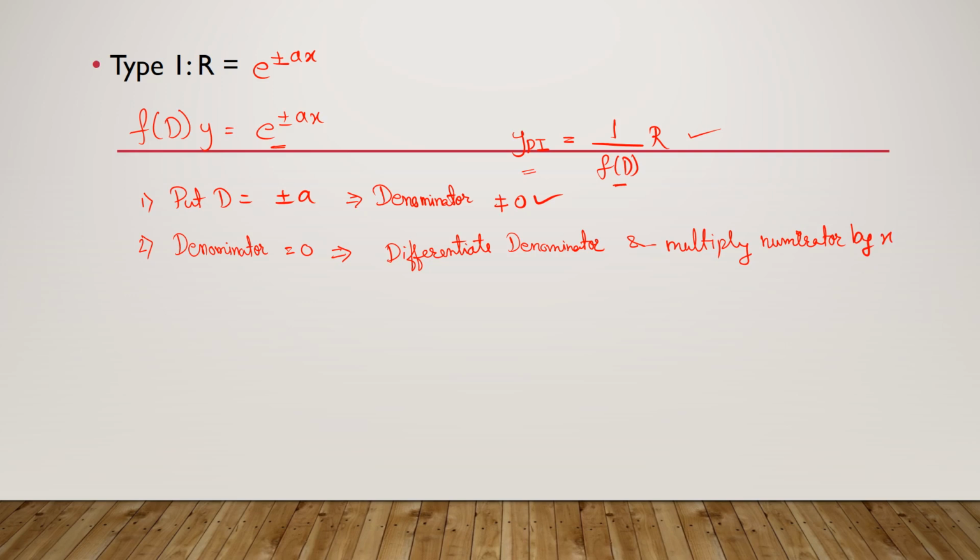After doing so, repeat the step, that is, substitute the value of D equal to plus or minus a, and check whether the denominator is equal to 0 or not.